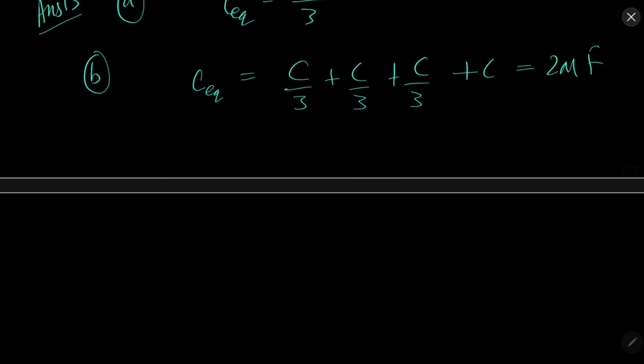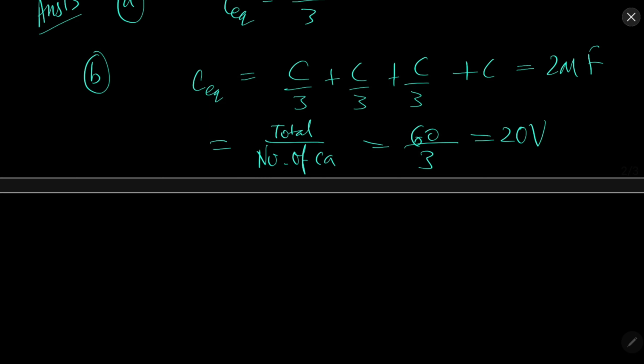And the voltage on the capacitors in each row is the same, so total voltage over the number of capacitors. So 60 over 3, 20 volt.